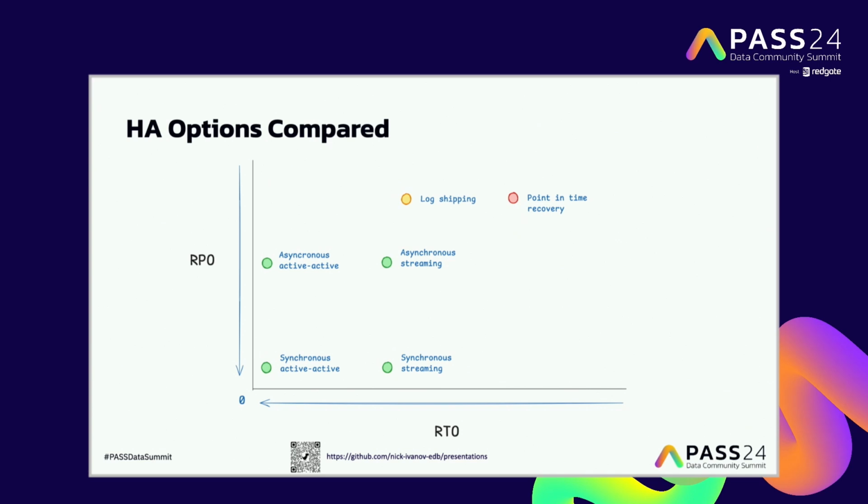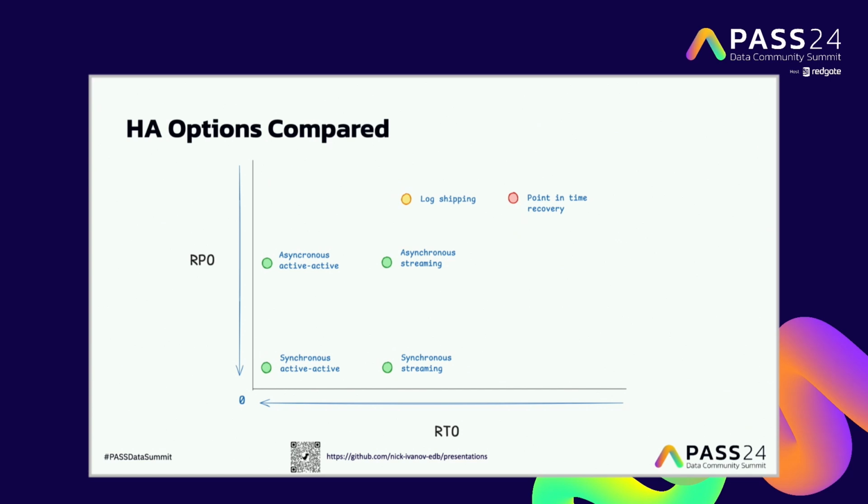So if you compare all these options that we discussed in terms of which levels of RPO and RTO they allow you to achieve, the loser here is obviously the restore, because it does not let you have any acceptable RTO or RPO numbers.